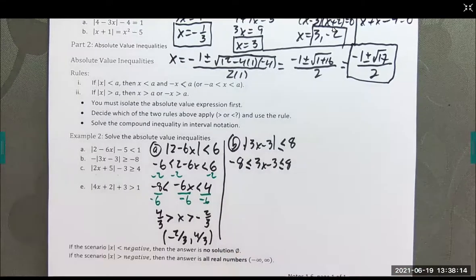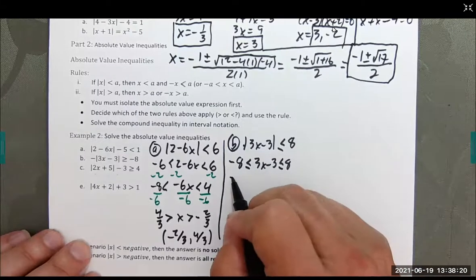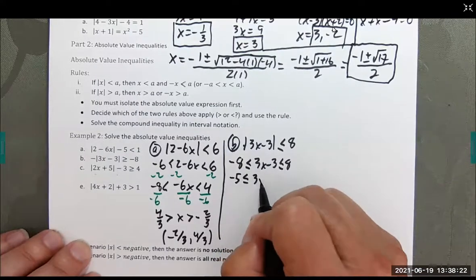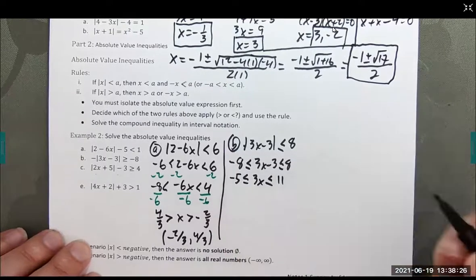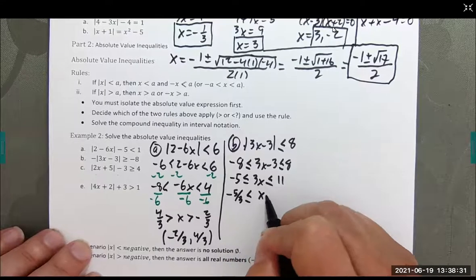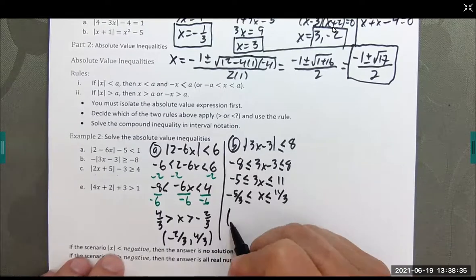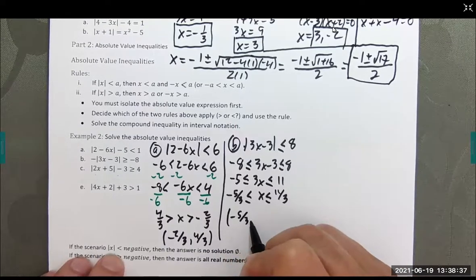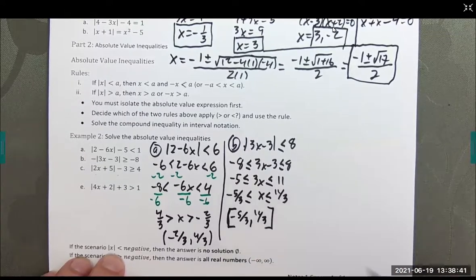So we can do that. I'm going to add a 3. Goes to 11, and then divide through by 3. It's a +3, so the signs don't change. So this becomes -5/3, that's a bracket, and 11/3, bracket.